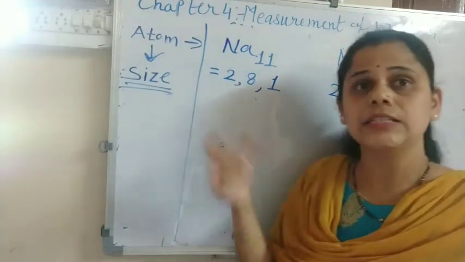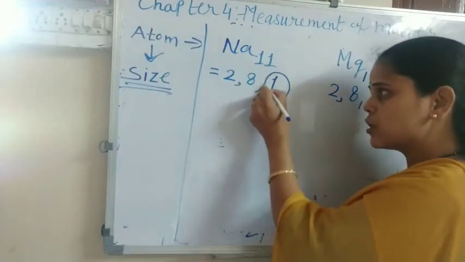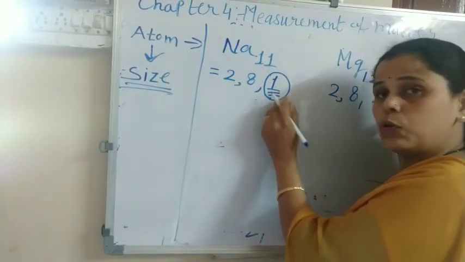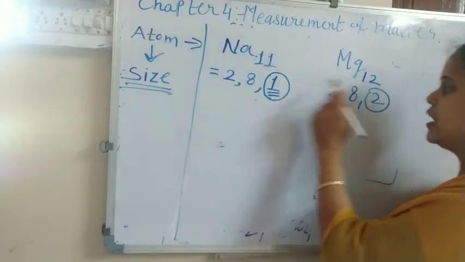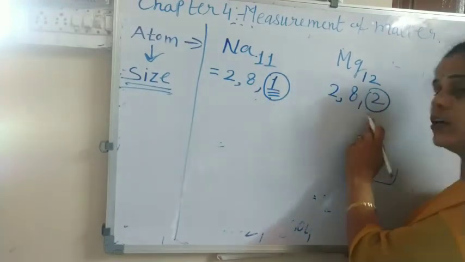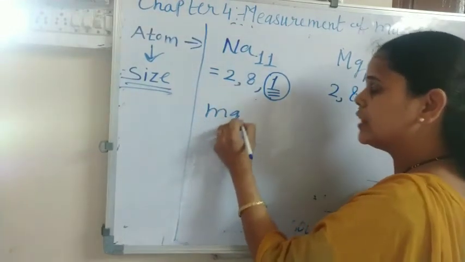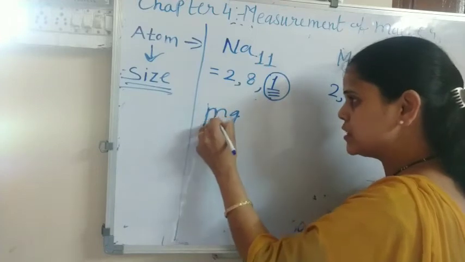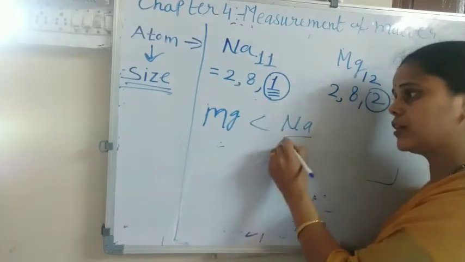So in this case, this is the outermost shell, this 1 electron in the outermost shell. So in the outermost shell here 1 electron, and in the outermost shell magnesium has 2 electrons. So magnesium is smaller than sodium. Magnesium atom is smaller than sodium.